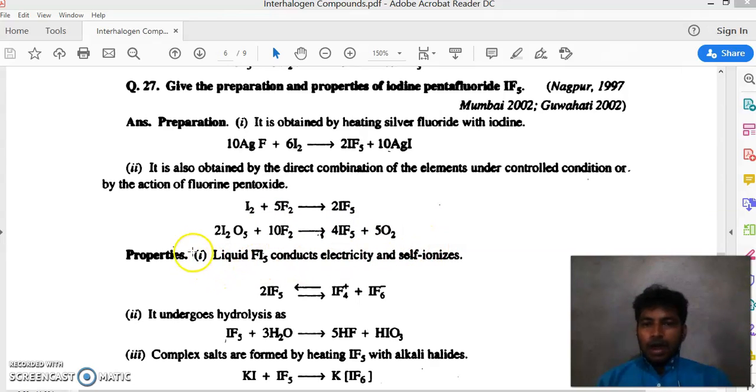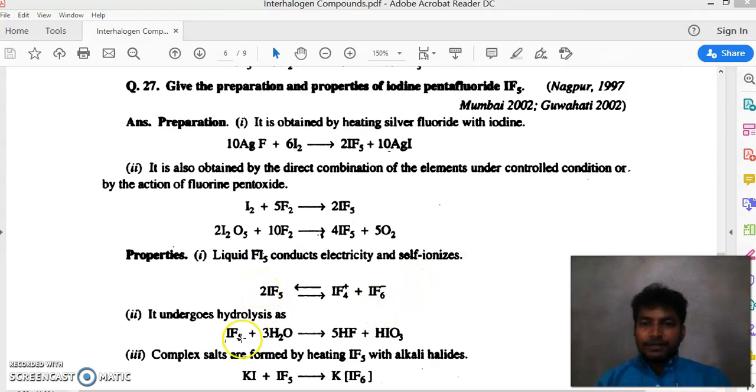So iodine pentafluoride is basically a liquid in nature and it conducts electricity, and during the conduction of electricity, it ionizes and generates IF4 plus ions and IF6 minus ions.